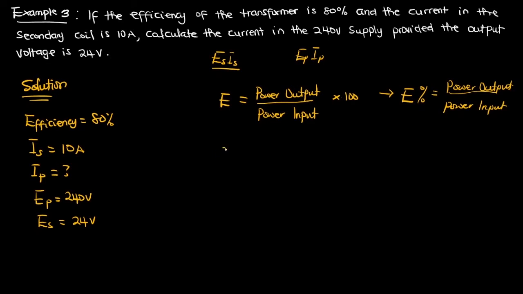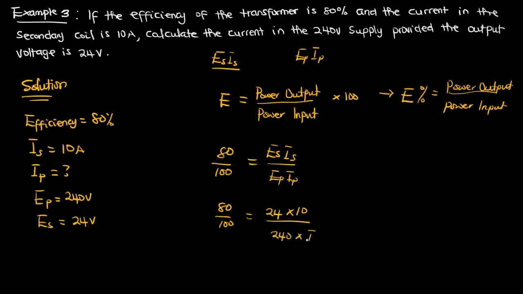The efficiency given to us is 80%, so it's 80 over 100, which is equal to ES multiplied by IS over EP multiplied by IP. So 80 over 100 is equal to ES, which is 24, multiplied by IS, which is 10, all over EP, which is 240, multiplied by IP, which I do not know.